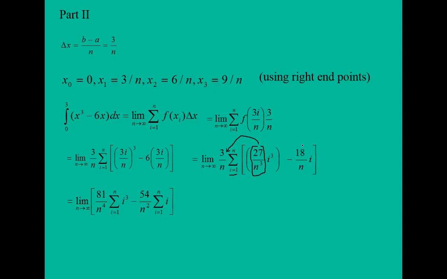So that's a constant, and this we could consider a constant also. So we could take this out, and when we separate these as two different summations, we would have to multiply this 18 over n times this quantity also. That's where we are getting this quantity. Now we have a limit to solve.